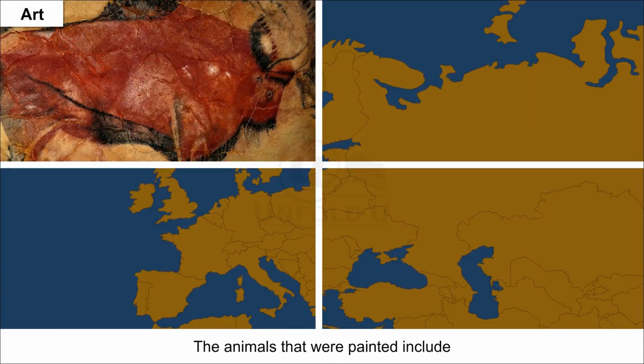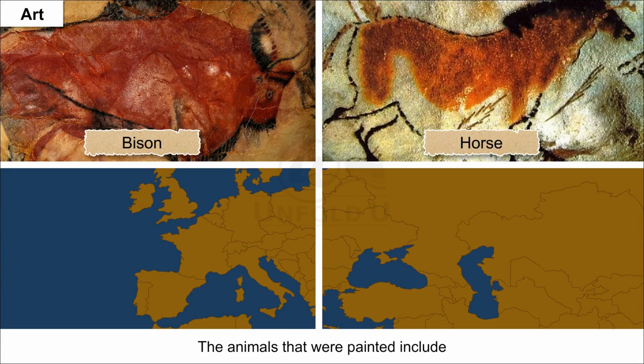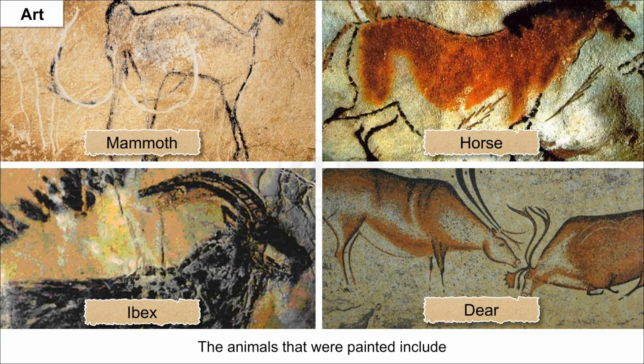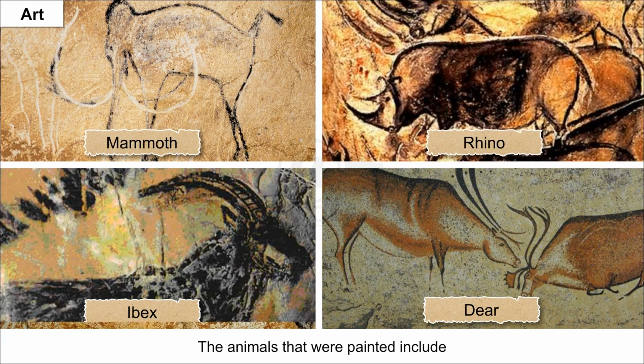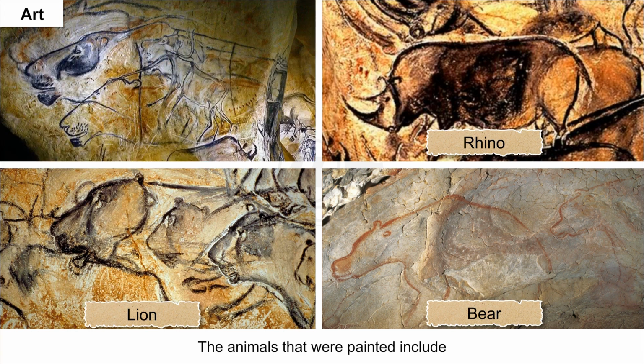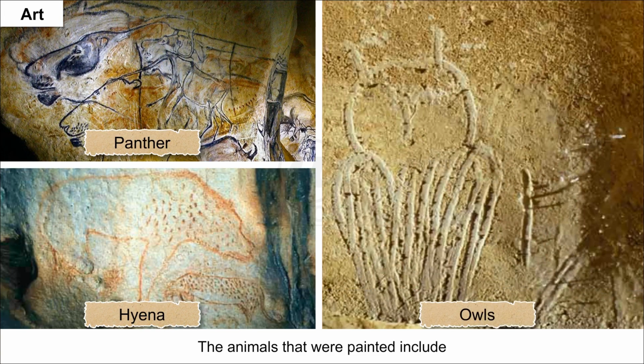The animals that were painted include bison, horses, ibex, deer, mammoths, rhinos, lions, bears, panthers, hyenas, and owls.